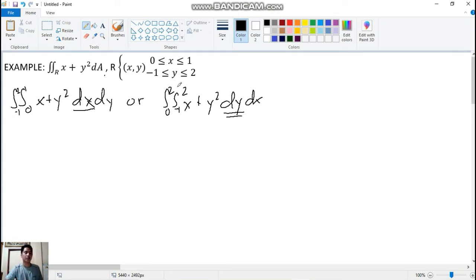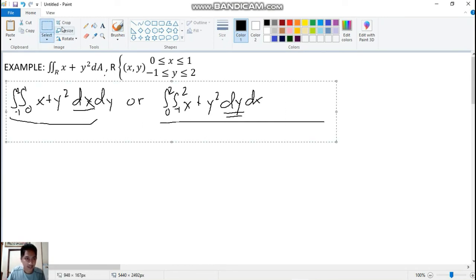For this problem, do you need to start with dx first or dy first? For me, you need to start with dx, because one of the values of x is 0, so it is easier to solve.